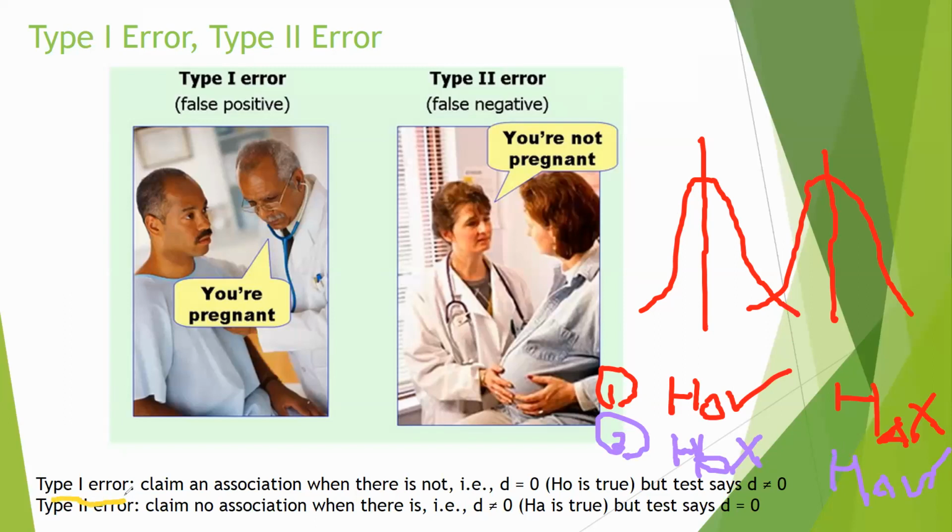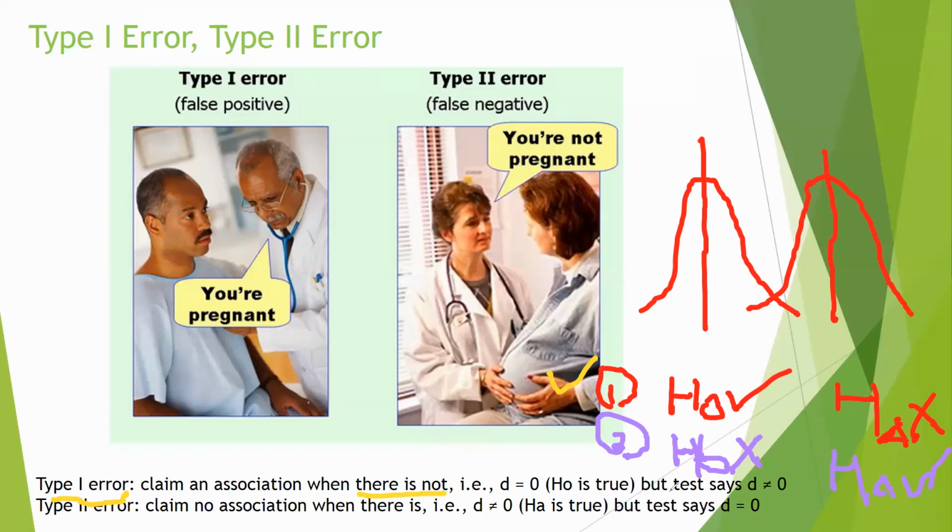So a type 1 error actually means, if there's not an association between this locus and the traits, which means this situation, right? So if there's no association between this locus and the traits, the null hypothesis is true.